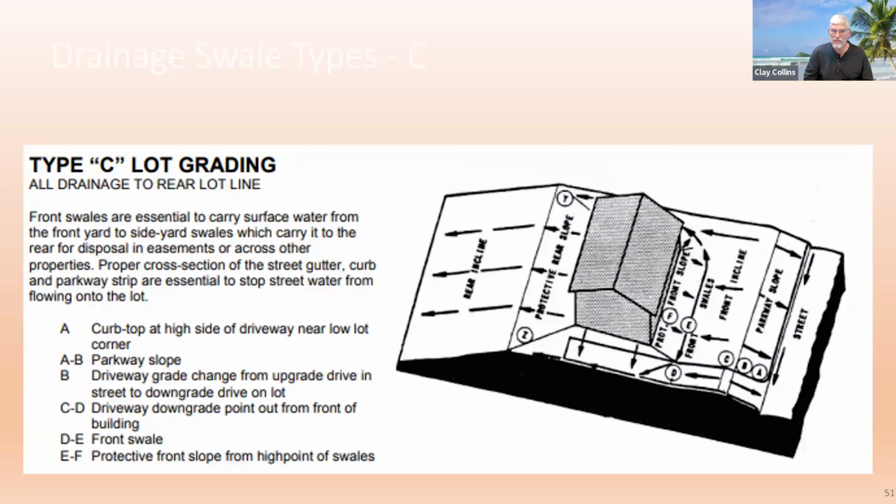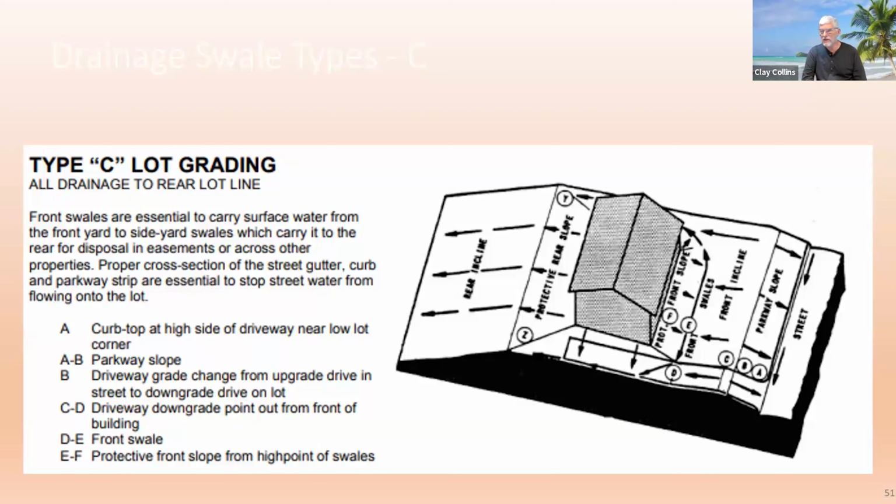And this is the type C. This would be typically a corner lot. You see that on the sides it drains sort of towards the side. They have a high spot in the front, sort of trapping that water, and it runs to the back.